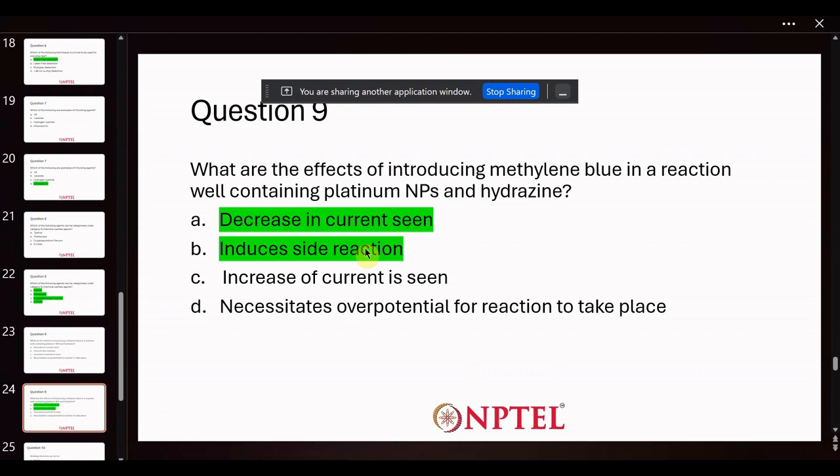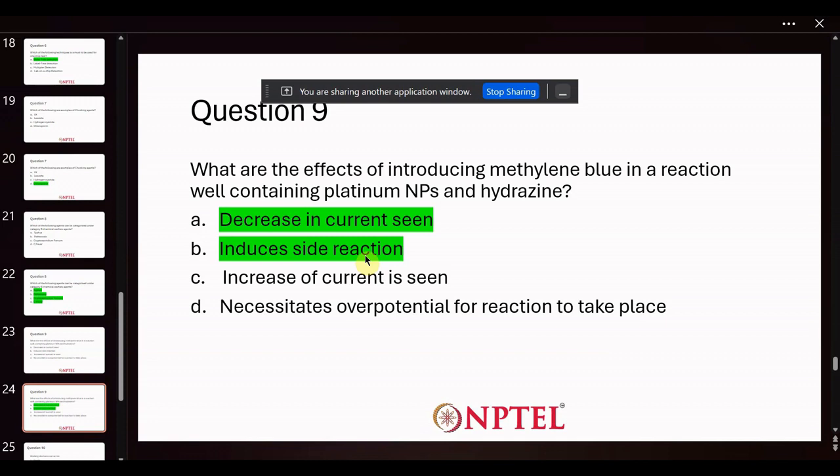As I said, when you put any nanoparticle, your main aim is to induce side reactions. This is kind of a package. Platinum nanoparticle and hydrazine will be there, and to use the entire setup you need something like methylene blue, which will speed up the reaction.